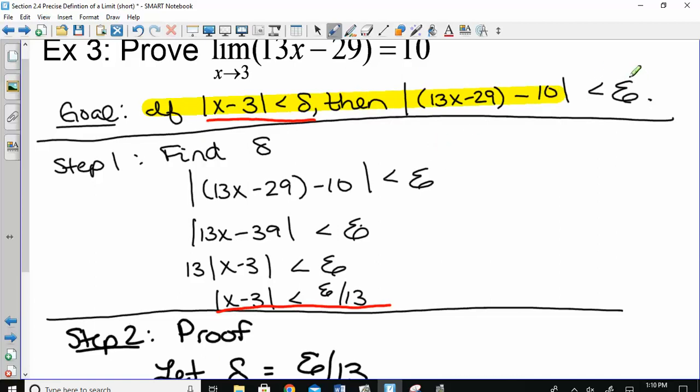And we're going to write all of this, and then we have to work it out until we get the less than and the epsilon.